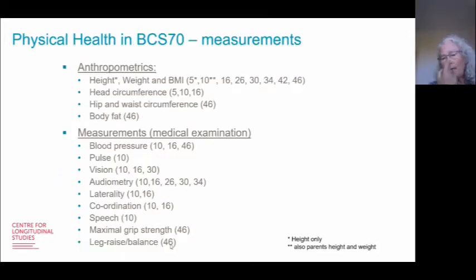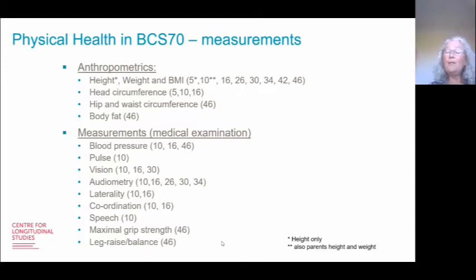So throughout, measurements and samples have been collected. Height and weight has been collected at most sweeps, allowing for longitudinal analysis over time and identification of sensitive periods. Head circumference was measured in childhood, and at age 46, hip and waist circumference and body fat were captured.